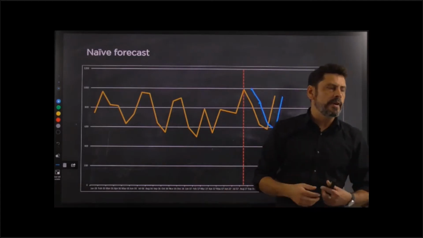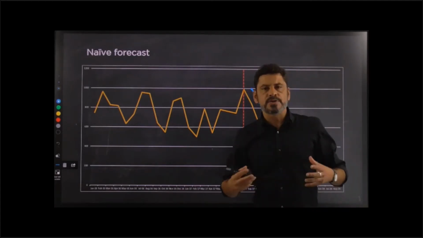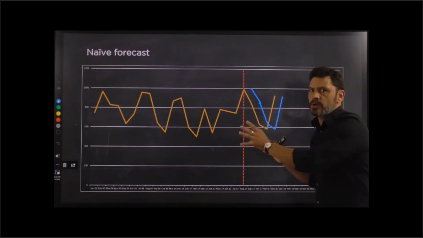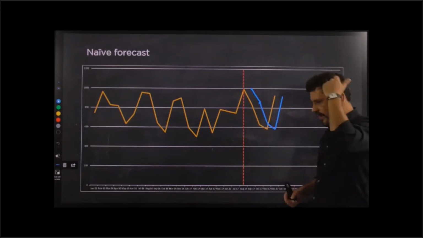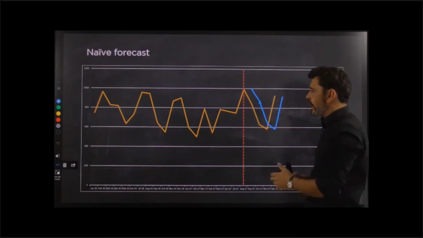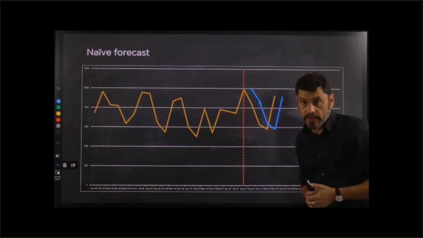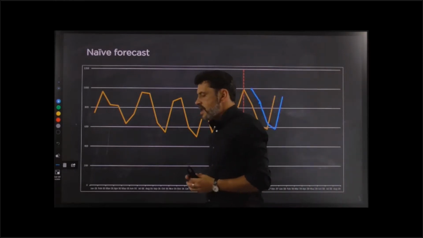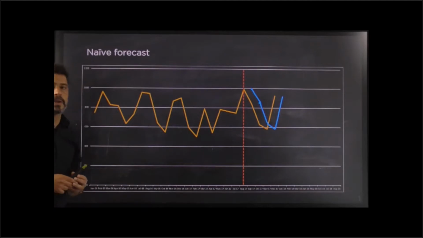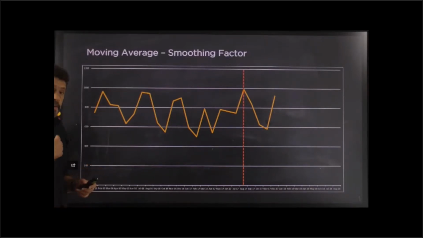There are a few other approaches in naive forecasting, but let's assume this is the most naive you could ever have: what happens tomorrow is what happened yesterday. So I'm just going to offset everything, and that is what I will work with. It may seem completely useless. However, it has more power than one would recognize at first sight. That's a naive one. Let's look at the next one.